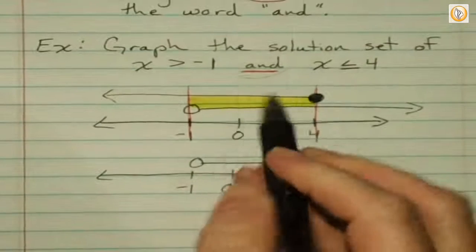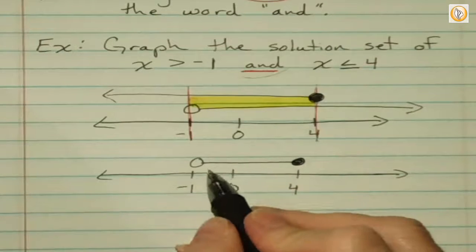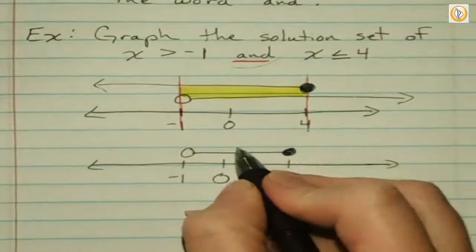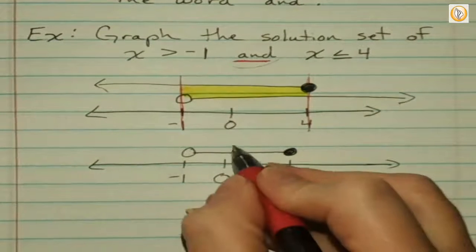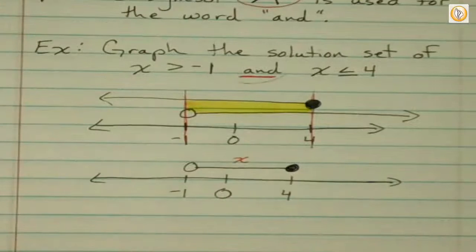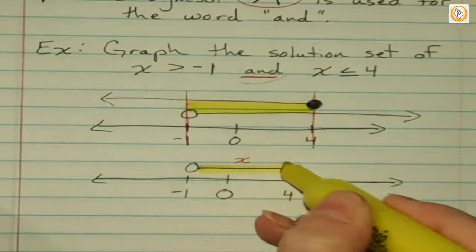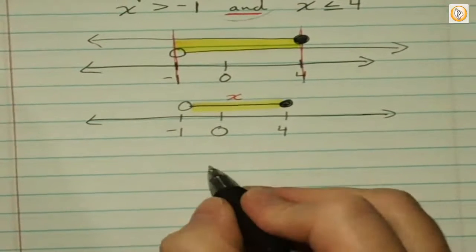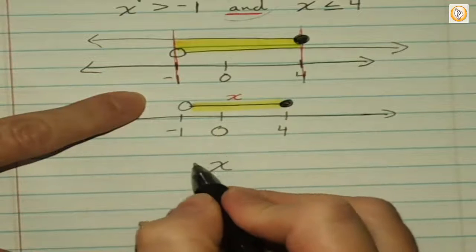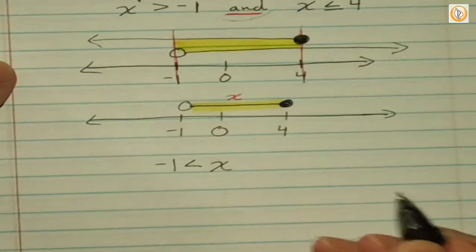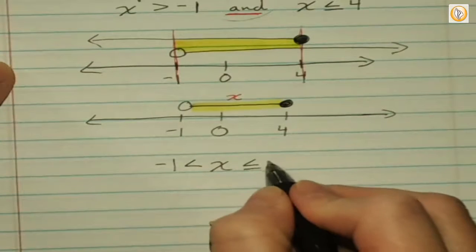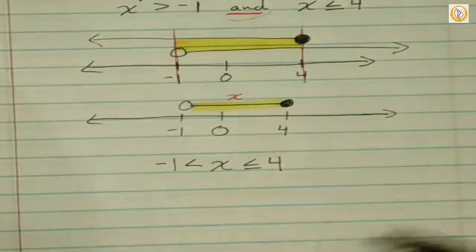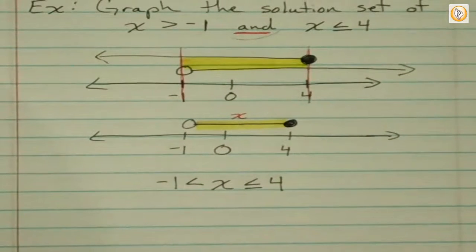So x, for a conjunction, can be between -1 and 4. This would be your x, and it can be any number between the two. And you would write that as x is greater than -1, but it's less than or equal to 4. This is how you do it. Okay, so you can write that out.